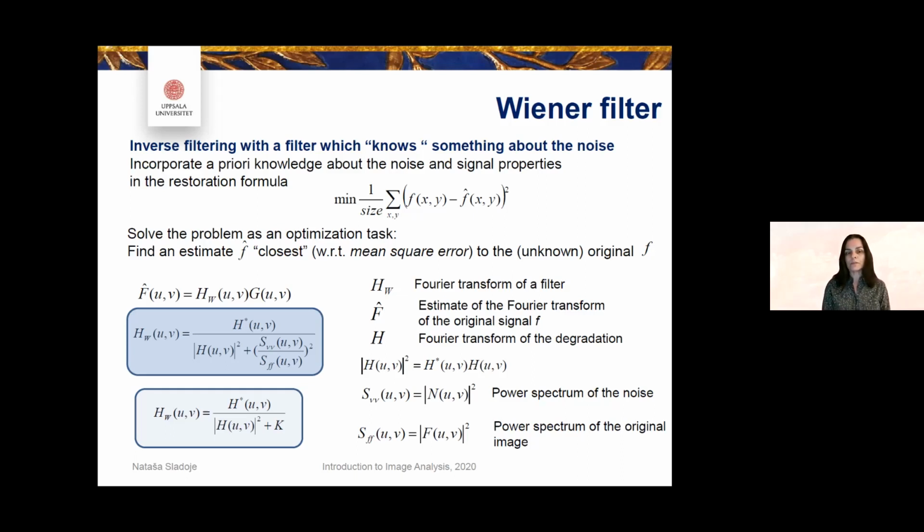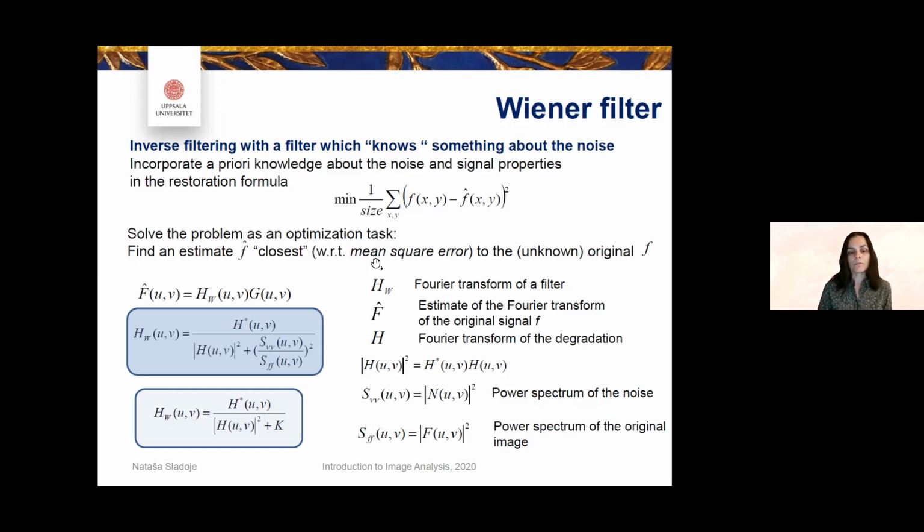So we might want to improve this direct approach to inverse filtering a bit further by using some knowledge about the actual noise in the image and also defining some criteria that will then set what we actually want to achieve when performing inverse filtering.